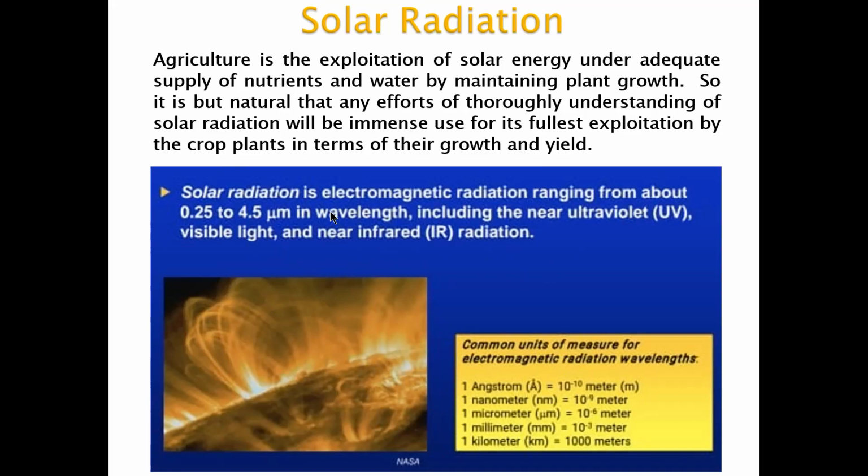Agriculture is the exploitation of solar energy under its supply of nutrients and water by maintaining plant growth. If water and nutrient availability is ample and solar radiation is sufficient, then the maximum food production in the plant is observed.